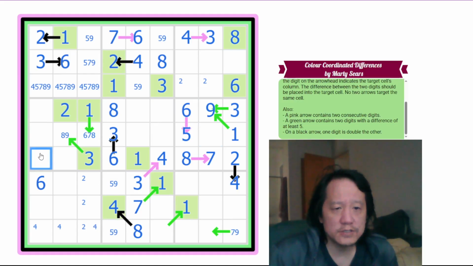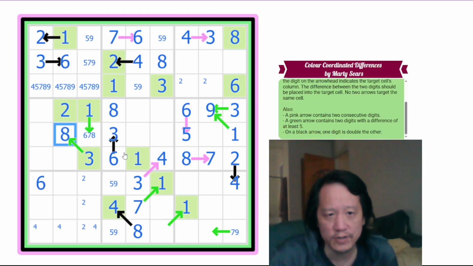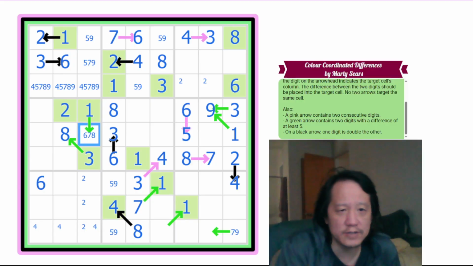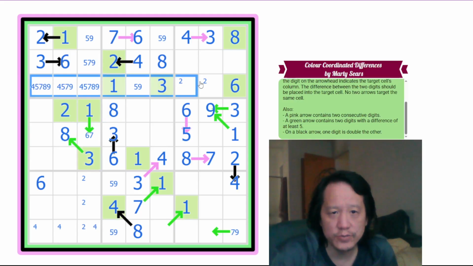Row 6, column 5. Row 8, column 7. This is row 2. So row 3 pointing to 9 already has one. So row 3 pointing to 8 has to have one. Which means this cannot be 8. This can't be 8. So row 3, column 8 points to a 5.